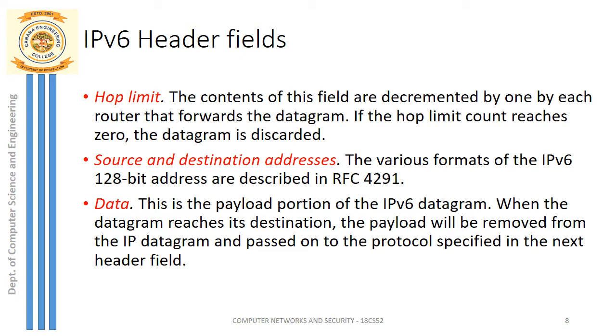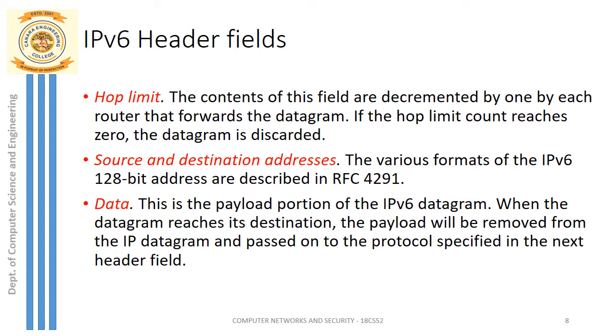The next fields are source and destination address. The length of each address is 128 bits. And the last field is data, which includes the actual data or payload belonging to the IPv6 datagram.